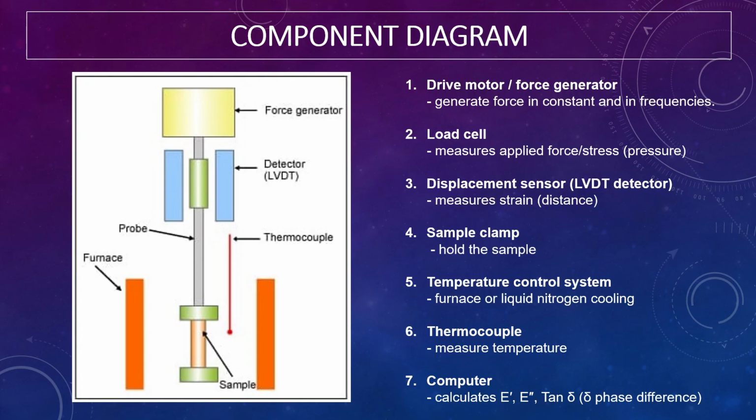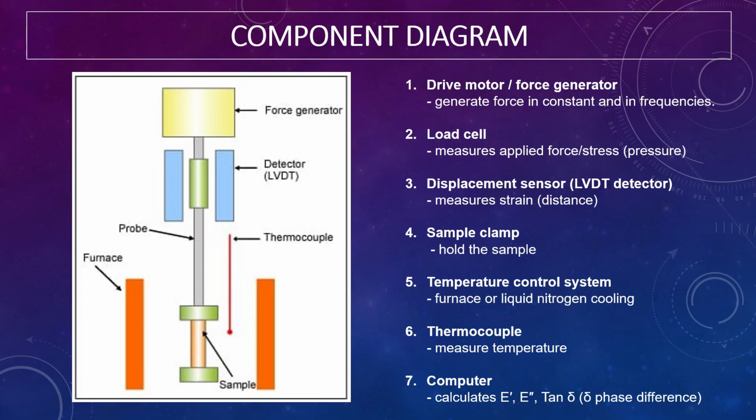Then a sample clamp to hold the sample, a temperature control system, a furnace or liquid nitrogen cooling, a thermocouple to measure temperature, and a computer to calculate E prime, E double prime, and tangent delta.